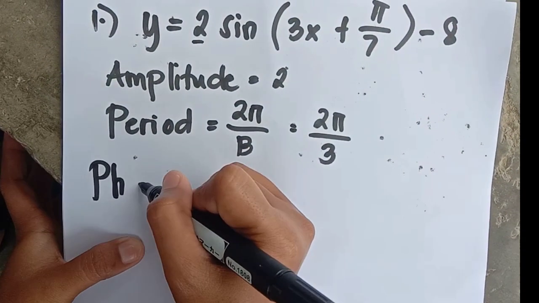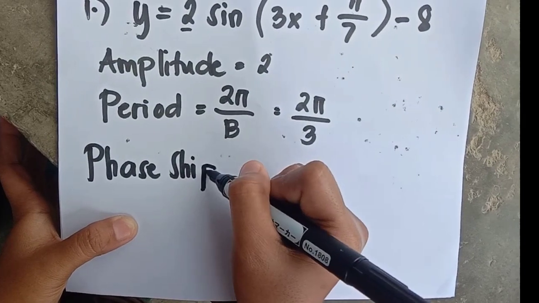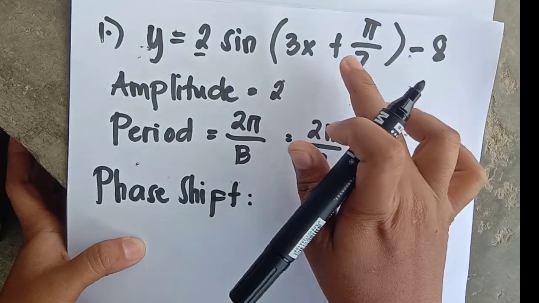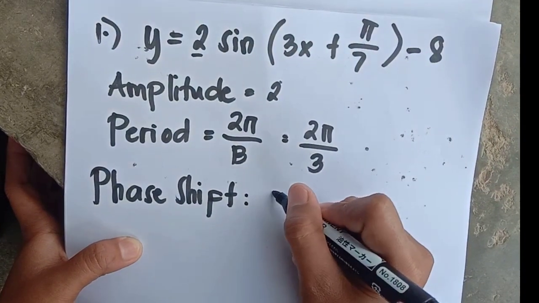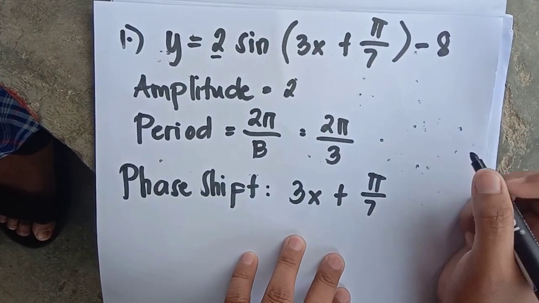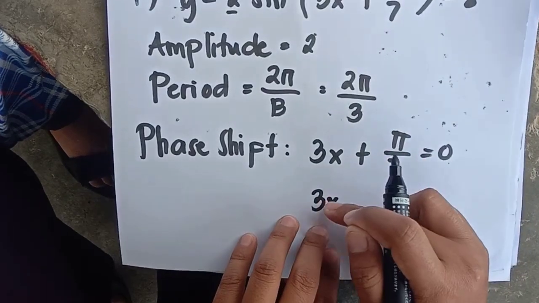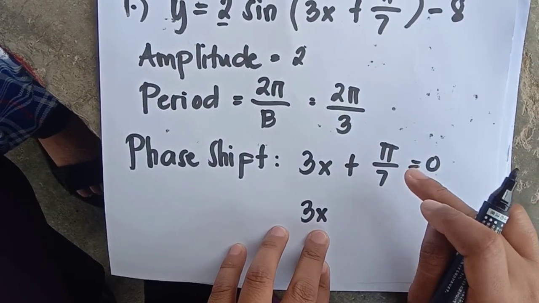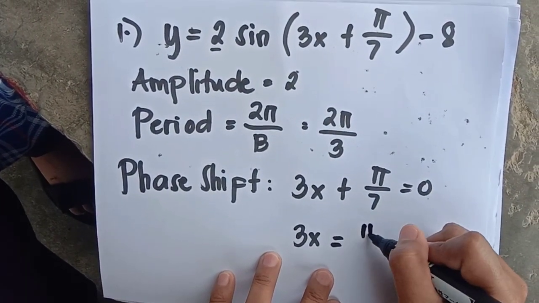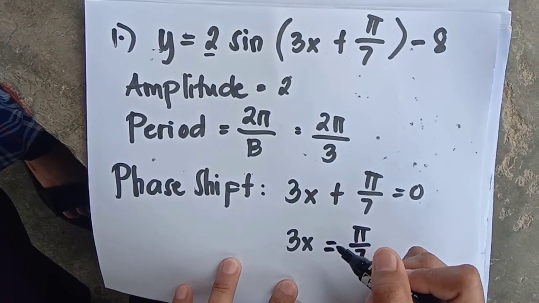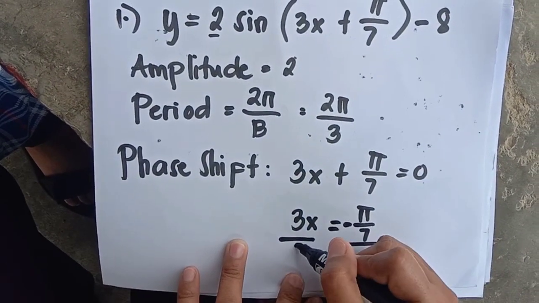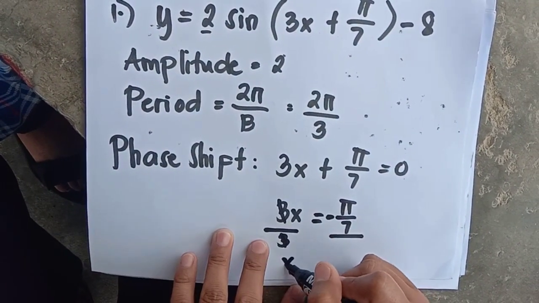Phase shift. To get the phase shift, we need to equate this to 0. So 3x plus pi over 7, equate it to 0. So 3x, then transpose this to the right side, equals negative pi over 7. Then divide both sides by 3, then cancel x.